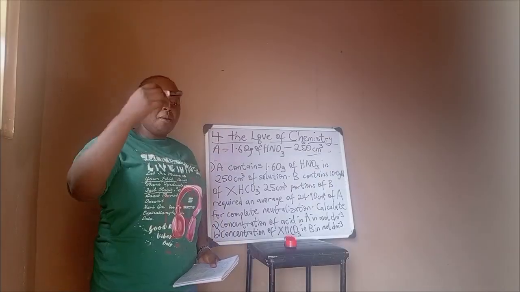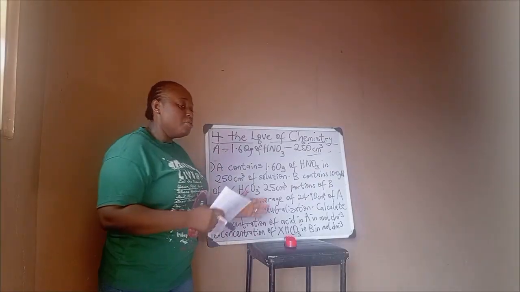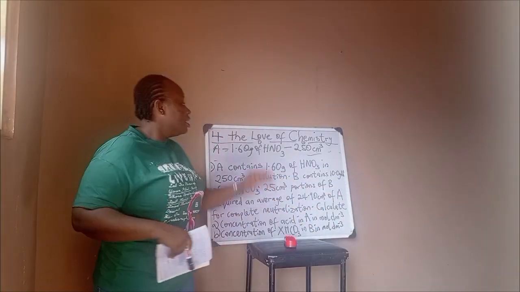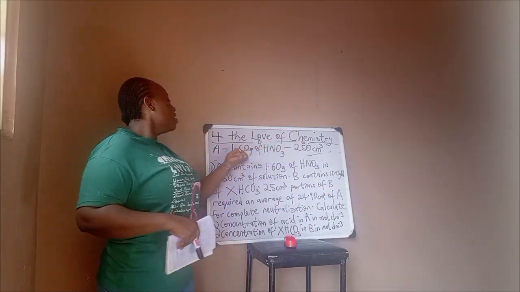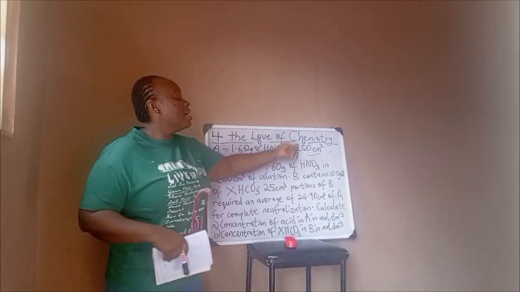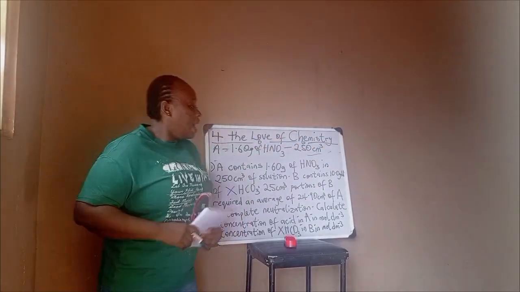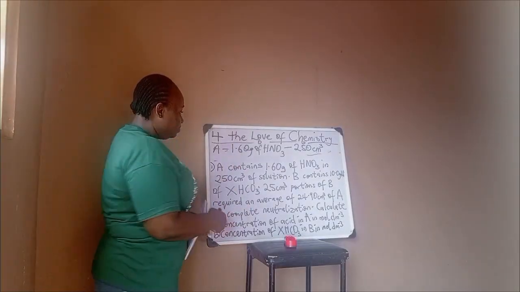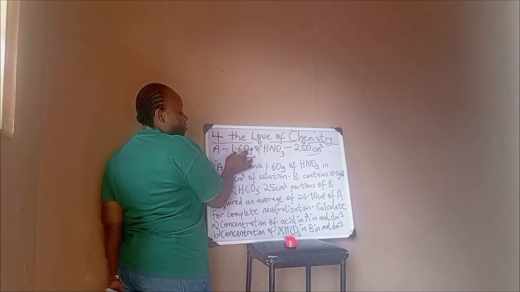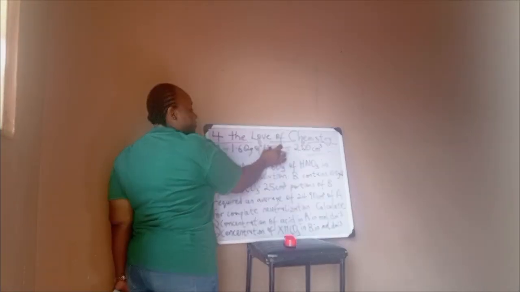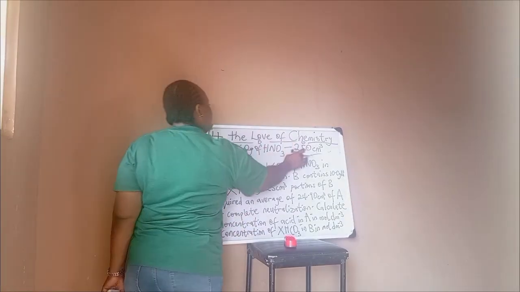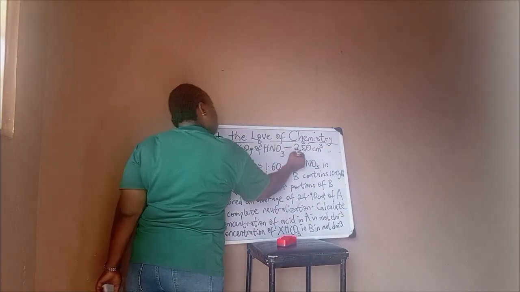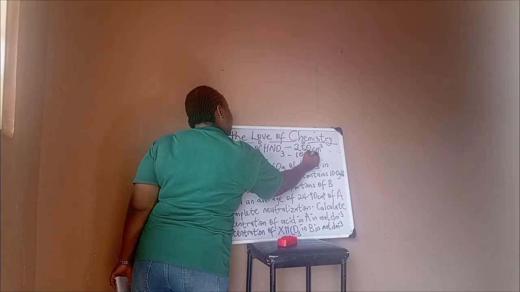For us to get our mass concentration, which we can then use to get our molar concentration, we will have to find out the quantity of A in 1000 cm cube. And we can do that using what we are already given. So if A contains 1.60 gram of the acid in 250 cm cube, then how much of A will be in 1000 cm cube?